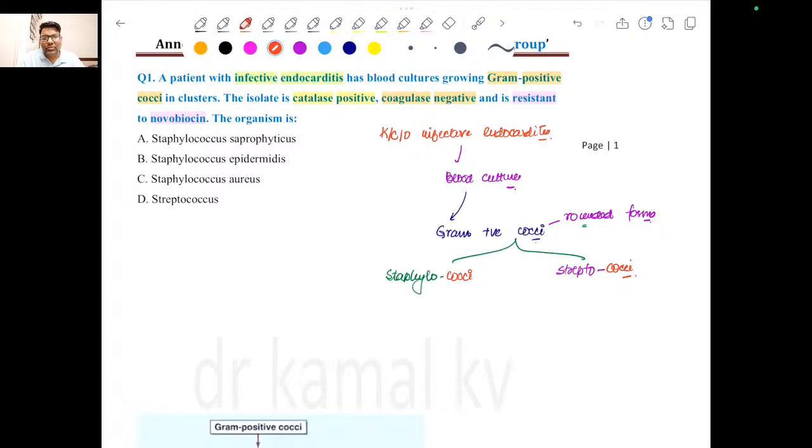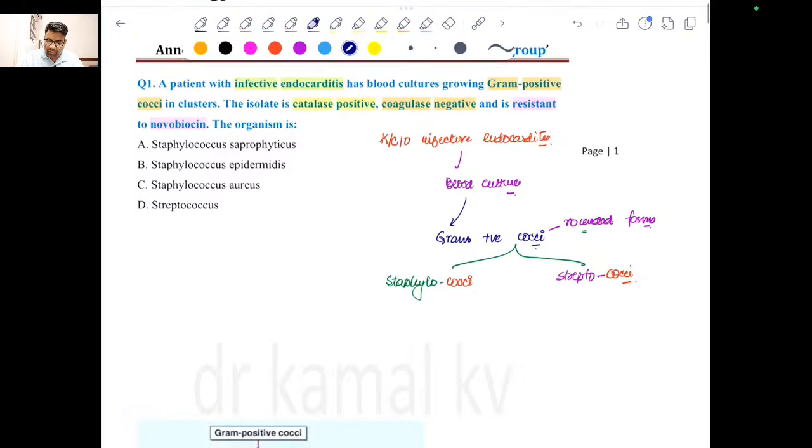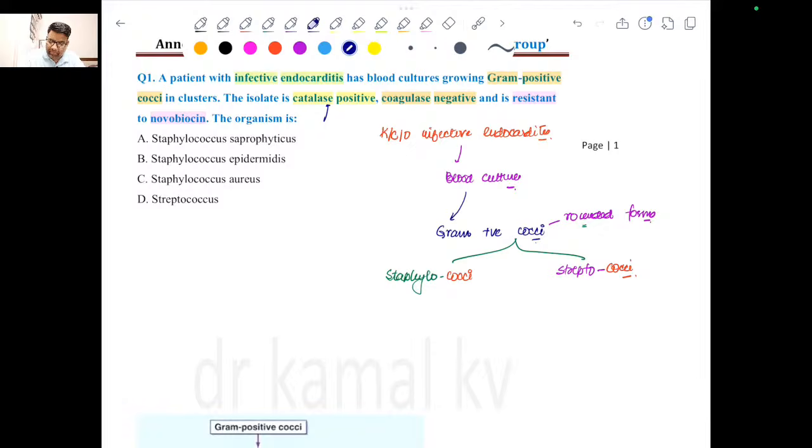Now how to differentiate whether it is staphylococcus or streptococcus? We go for catalase, right? So this will help us. This is catalase positive, this is catalase negative.